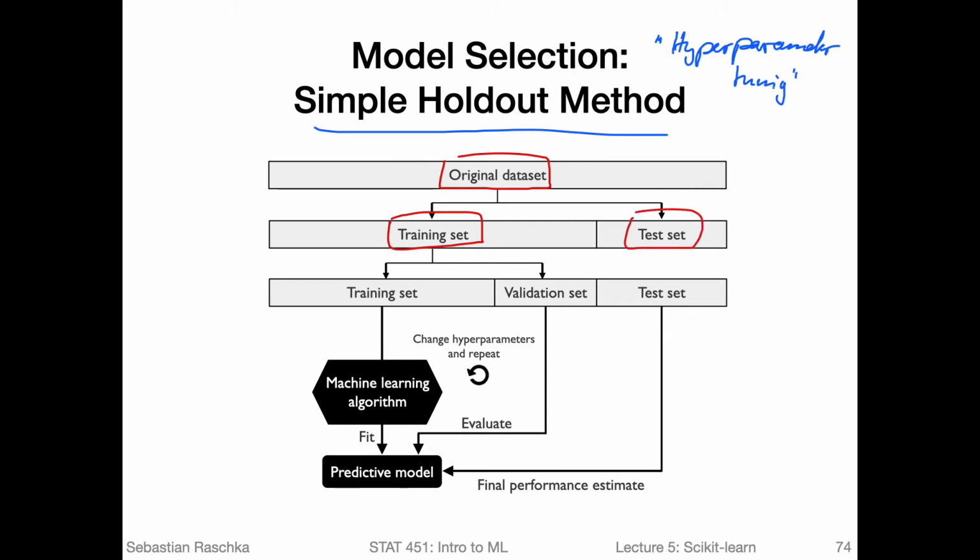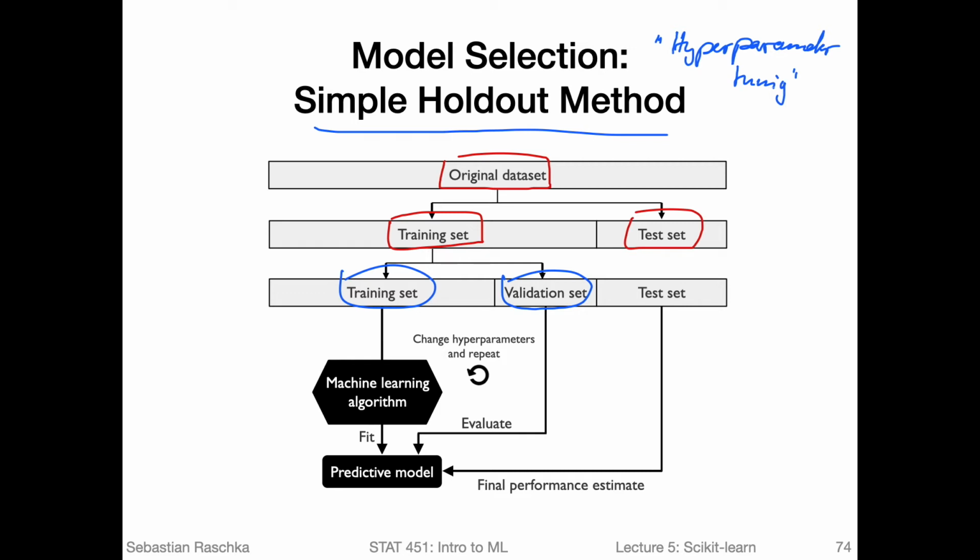Then I'm splitting the training set further into a training set that we are going to use for the learning, and then a validation set where we evaluate our model. It's not exactly during training, but what we do is we train multiple models using different hyperparameter settings, and then we evaluate the models on the validation set, and then we pick the best one.